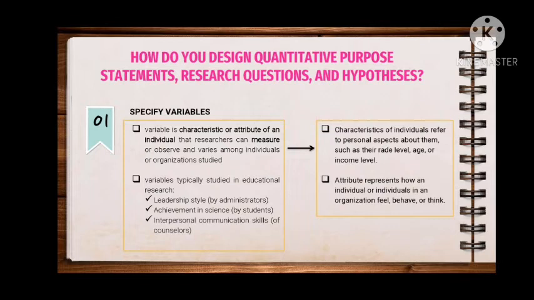Specified variables are a characteristic or attribute of an individual that the researcher can measure or observe and that varies among the individuals or organizations studied. I will explain the bold text one by one. Characteristic of individuals refers to personal aspects about them, such as their race, level, age, and income level, while attribute of an individual represents how an individual in an organization feels, behaves, or thinks.